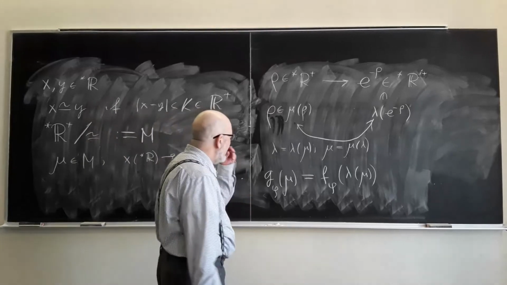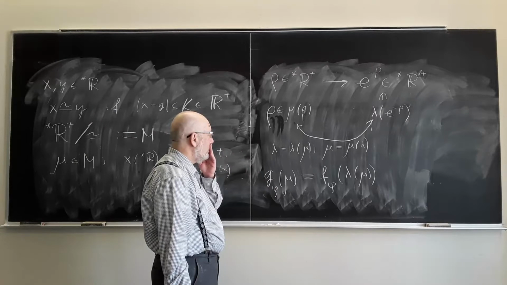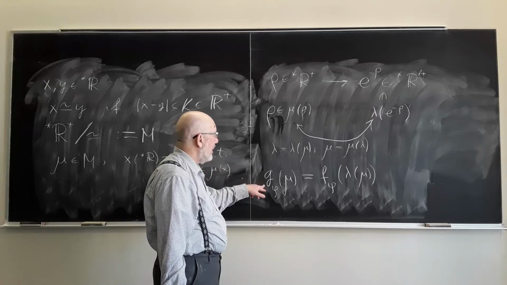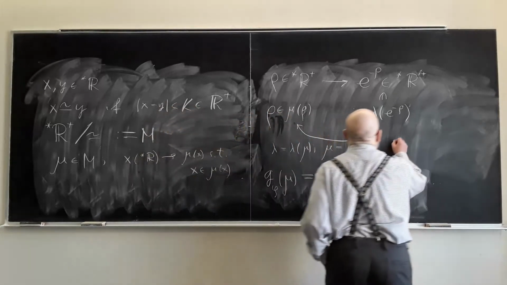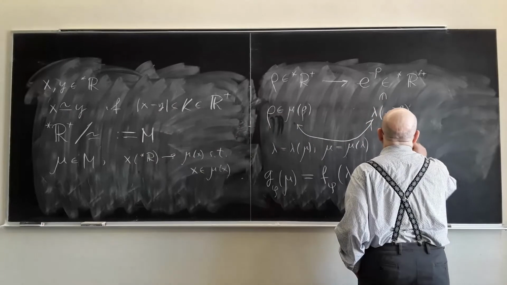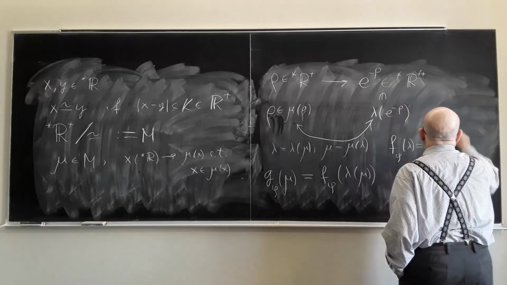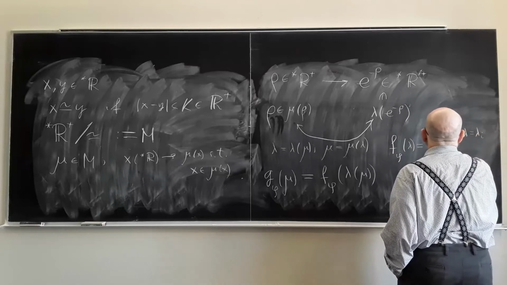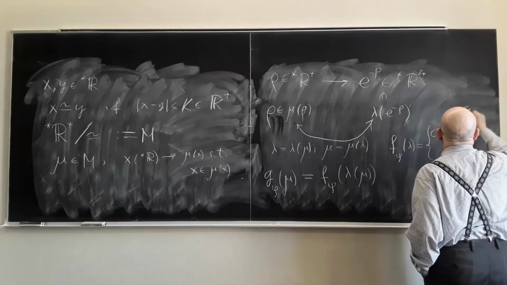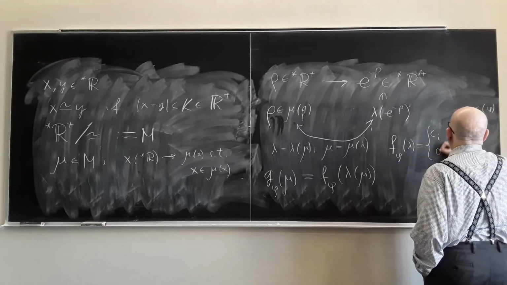What is f phi? F phi of lambda equals c i if lambda equals lambda i in the spectrum of phi, and 0 otherwise.